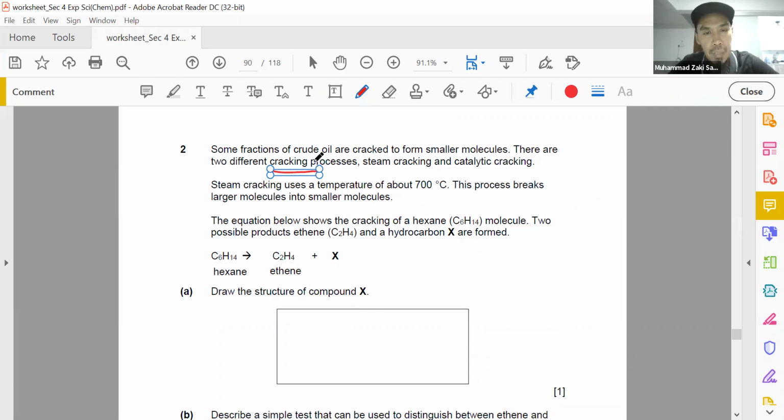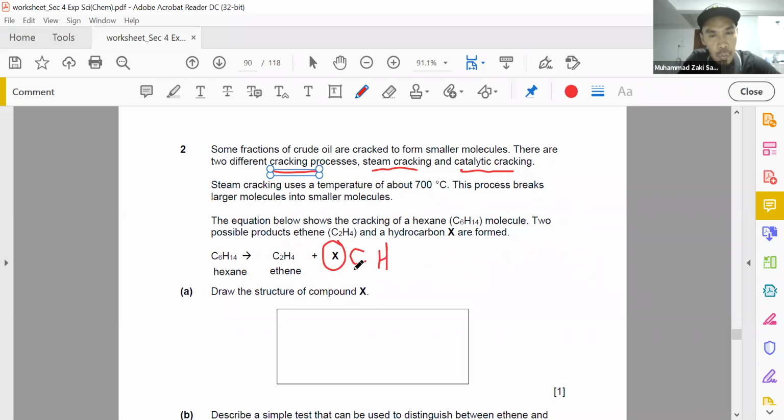So now for cracking, there are a few processes: steam cracking or catalytic cracking. They have some conditions, which I will explain further. Now let's look at this reaction. We have hexane cracking into ethene and something X. So what is this X? In order to solve this problem, X surely must have carbon and hydrogen.